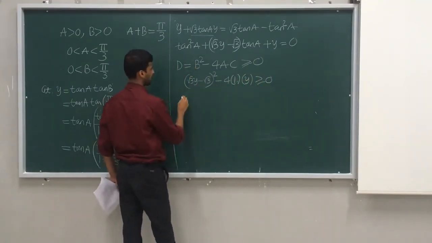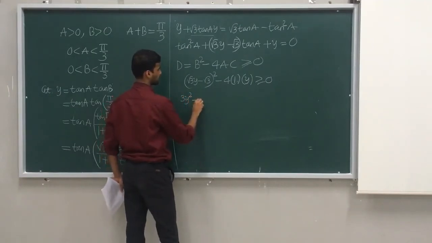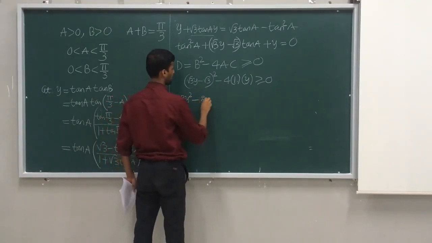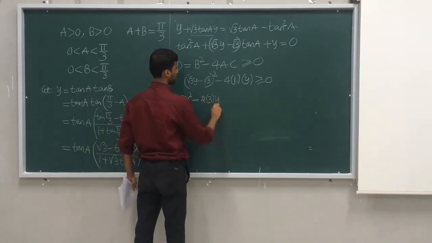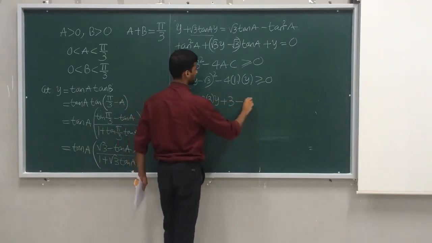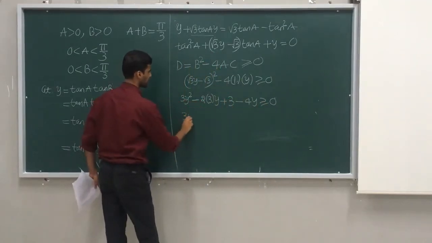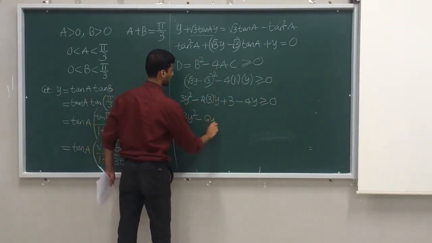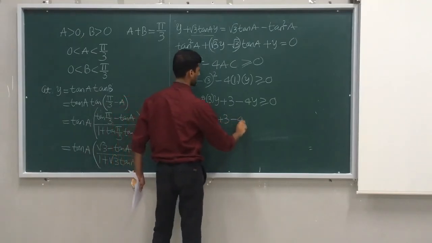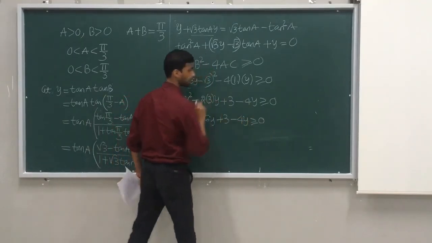So when I simplify, a square, that is 3y square minus 2ab, 2 into root 3 into root 3 y, plus 3, minus 4y, greater than or equal to 0. So 3y square minus 6y plus 3 minus 4y greater than or equal to 0.